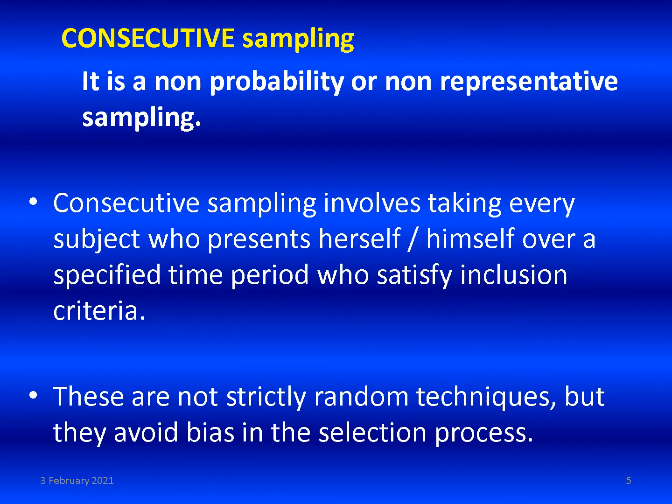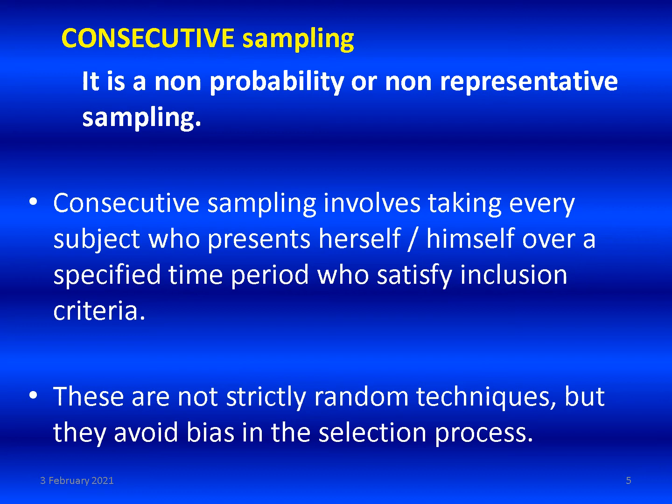Next is consecutive sampling. Consecutive sampling is a non-probability or non-representative sampling. It involves taking every subject who presents herself or himself over a specified time period who satisfies inclusion criteria.